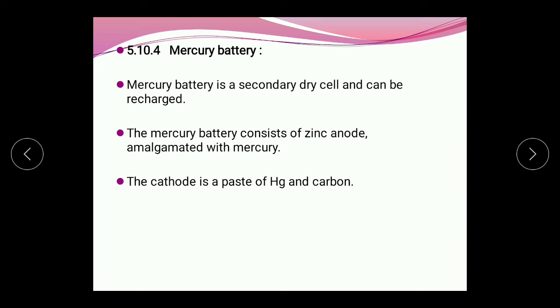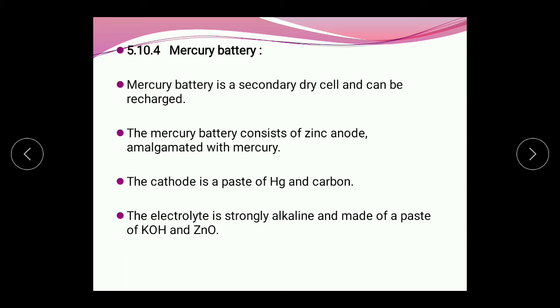Then again the third question, what will be the electrolyte? The electrolyte here is a strongly alkaline solution, and actually it is in paste condition. So, a strongly alkaline paste of potassium hydroxide and zinc oxide.